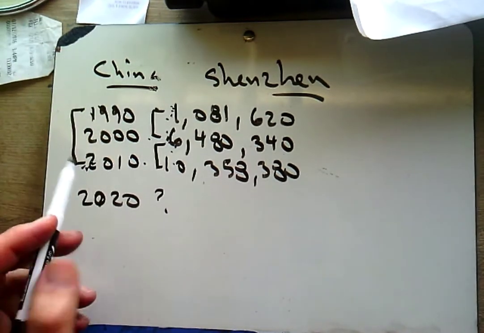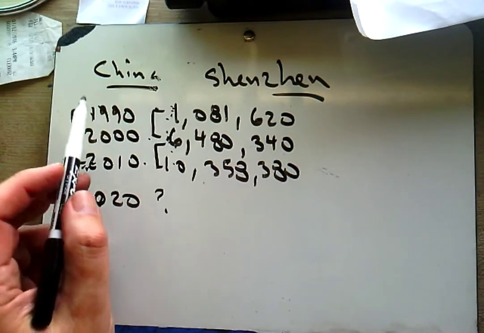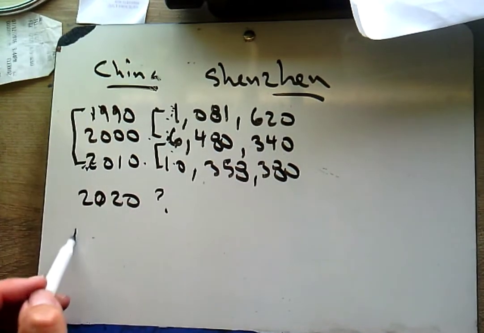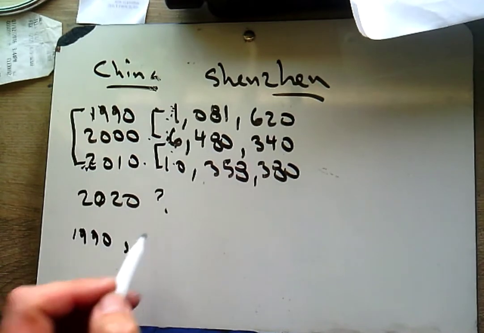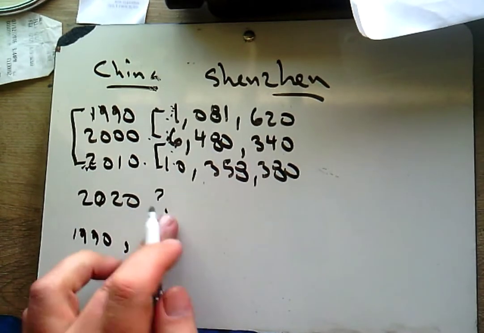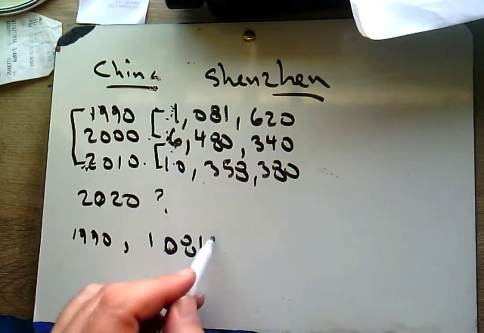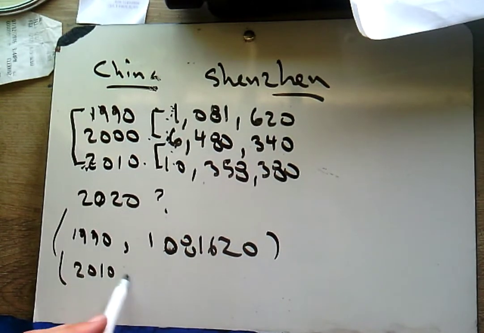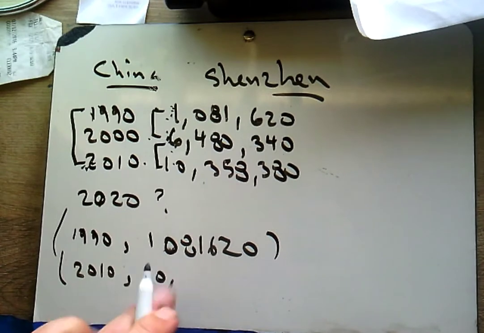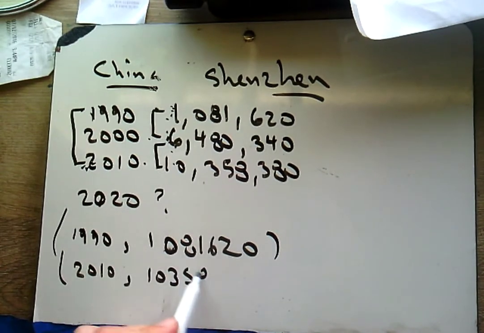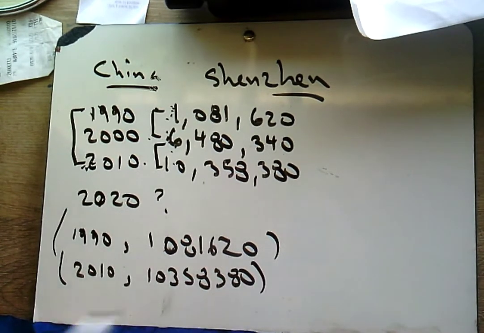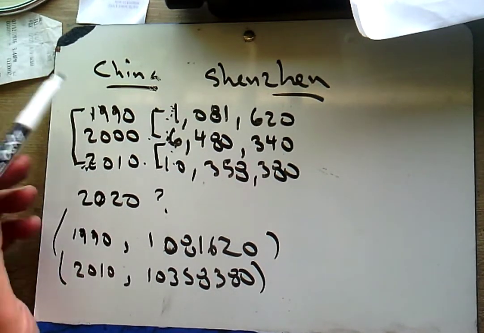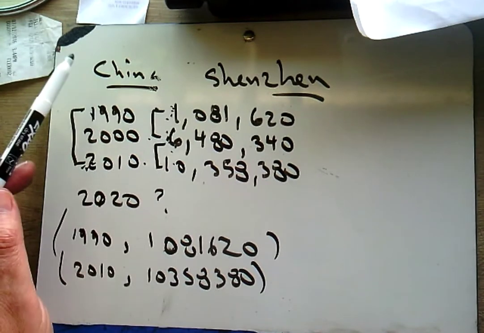Okay. So the next thing I want to say is that, again, we could use these ordered pairs: 1990 and 1,081,620, and 2010 and 10,358,380. I can use these ordered pairs, but this is going to build the model back to time equals 0 being the birth of Christ.